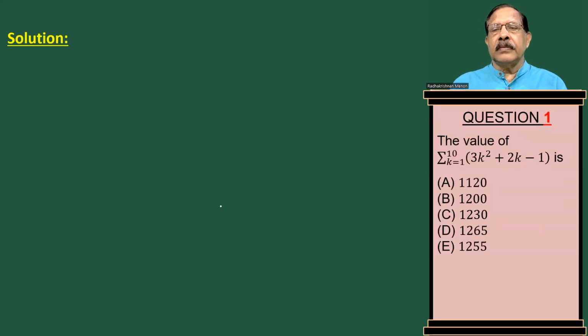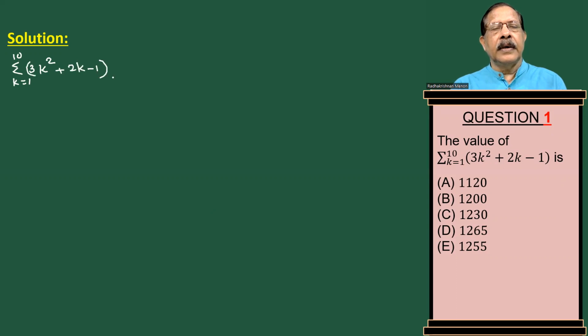First question. The value of sigma k equal to 1 to 10 of 3k square plus 2k minus 1.